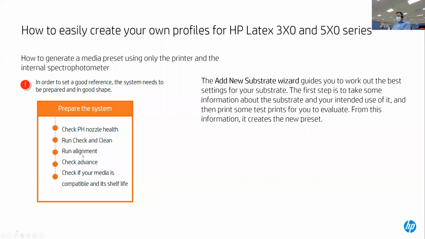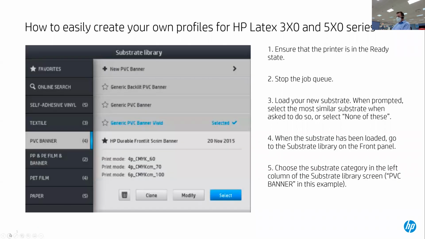Make sure the alignment is okay. Check the advance. All those things will influence quality and will influence your profile in the end. And make sure that your media is okay. Make sure it doesn't have any plasticizers or other weird stuff that is going to influence our profile, our quality.